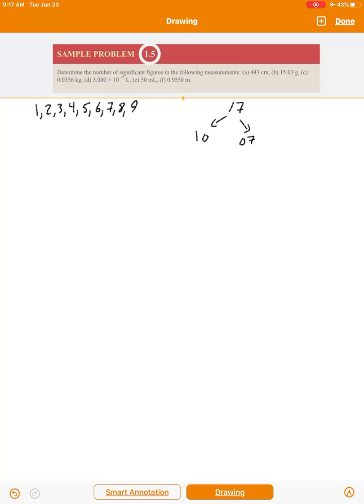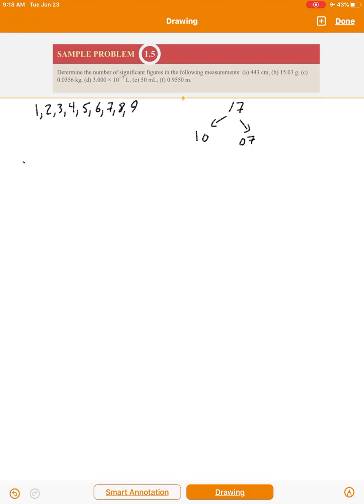And if I said there's 17 people in a room, I would have confidence that there's 10 and there's 7. Both of those numbers are confident, and we call them significant. We know it's 17. Any number between 1 and 9 is significant.